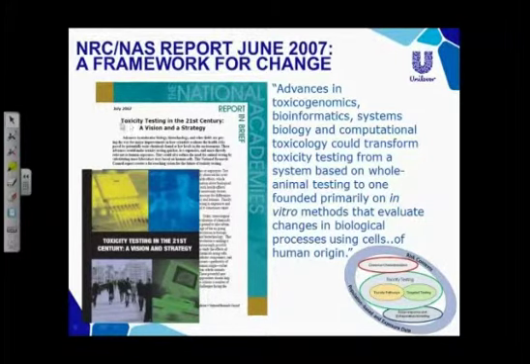And they decided to look at the state of the art in toxicity testing. And they came up with this book. It's available on the web. I'll give you the web address so you can look it up if you'd like, which is called Toxicity Testing in the 21st Century, A Vision and a Strategy.